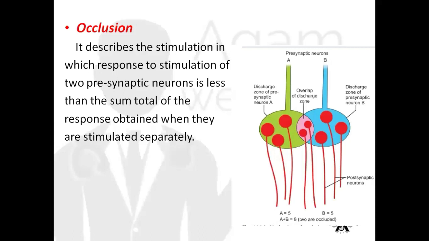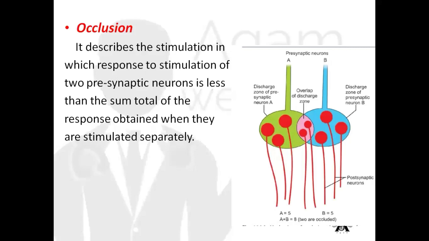Whenever A and B are simultaneously stimulated, the number of neurons firing is less when compared to the sum total response obtained when A and B are stimulated separately. When A and B are stimulated separately, it gives 10 neurons, but when simultaneously, it gives only 8 postsynaptic neurons. That is, 2 neurons have a common discharge zone, and this phenomenon is called occlusion.